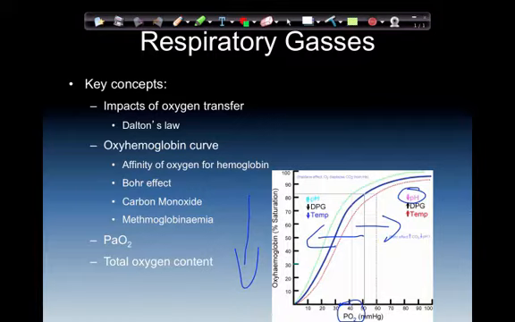So if we're looking at total oxygen content, we're looking at how much oxygen is actually getting to the cellular environment and how much is carried by the hemoglobin molecule because of its affinity. What we might see here is the greater affinity it has for it, it won't want to release the oxygen. The less affinity it has for it, it never picked it up to begin with. So this is what this left shift, right shift, oxygen hemoglobin dissociation curve kind of shows us.